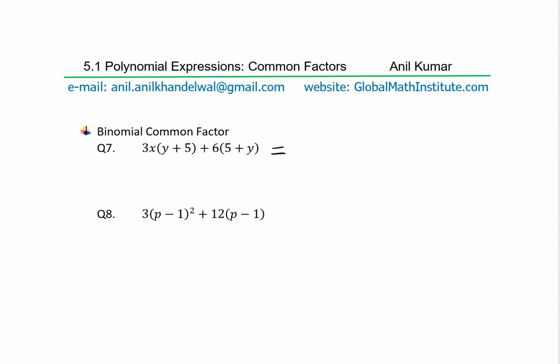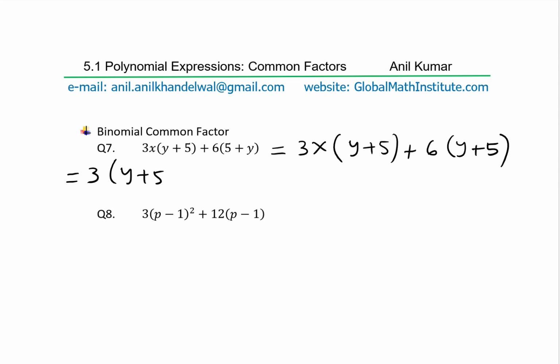Let me rewrite this and then we'll look into the factors. I'll write this as 3x times y plus 5 and the other term as 6 times y plus 5. Now you see more factors. The idea here is to get the greatest common factor out. So 3 is definitely there, which we can take out, and the term y plus 5 is also common.